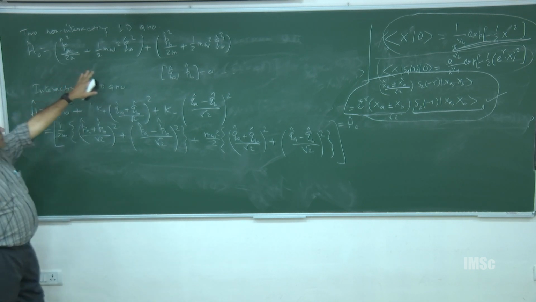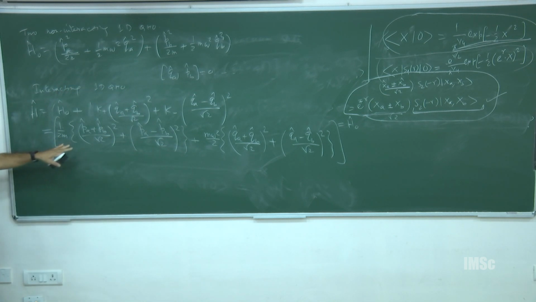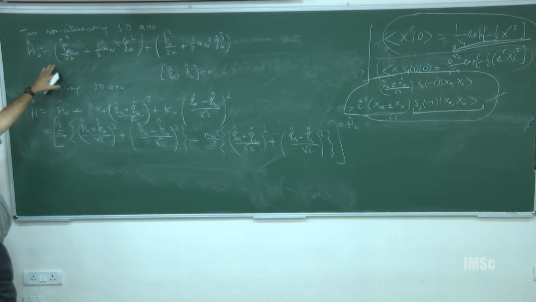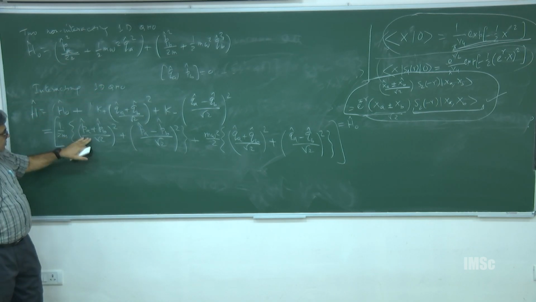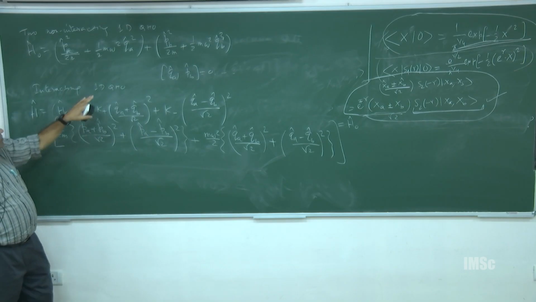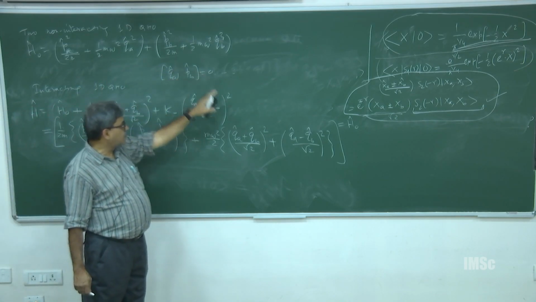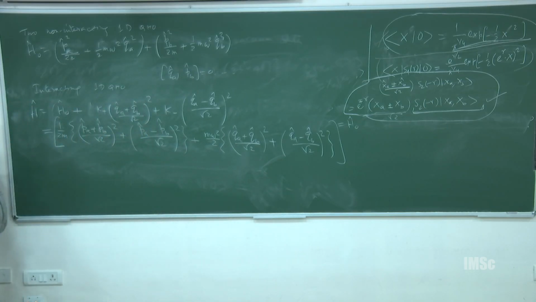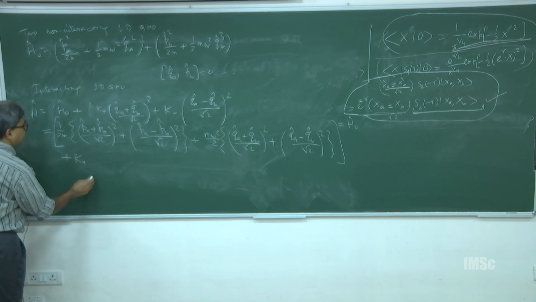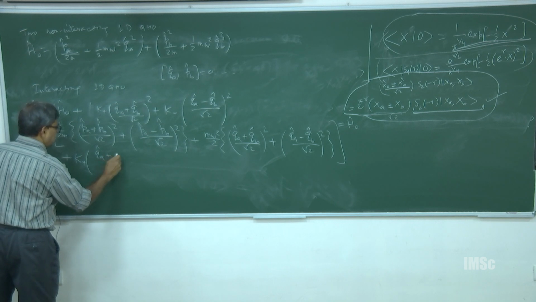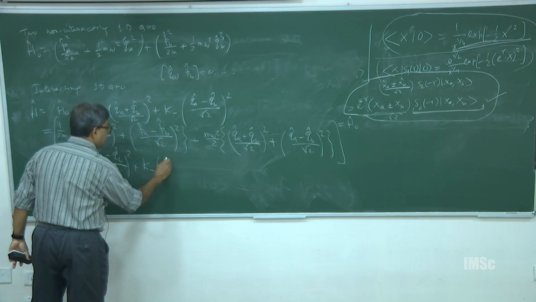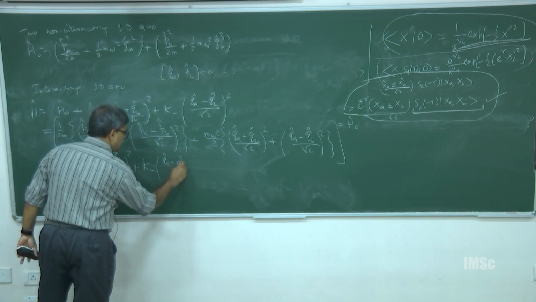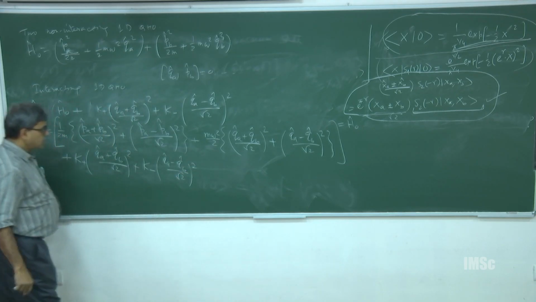If you look here, this is what you will get, just this Hamiltonian. This is 1 by twice m (PA square plus PB square), which will come from here, and then m omega square by 2 (QA square plus QB square), which will come from here. Another reference can behave like a non-interacting one. And then you have K plus (QA plus QB divided by root 2) square plus K minus (QA minus QB divided by root 2) square.